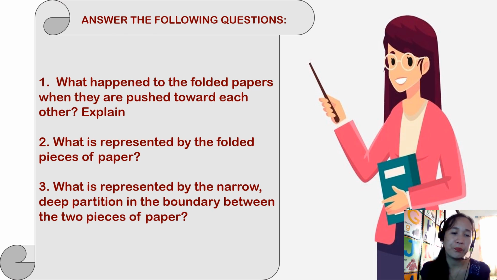And number 3, what is represented by the narrow deep partition in the boundary between the two pieces of paper? Okay, very good. The deep partition between the two pieces of paper was represented by the plate boundary. Okay, let's proceed.